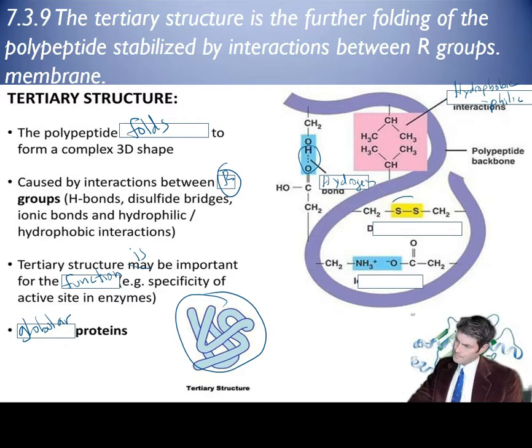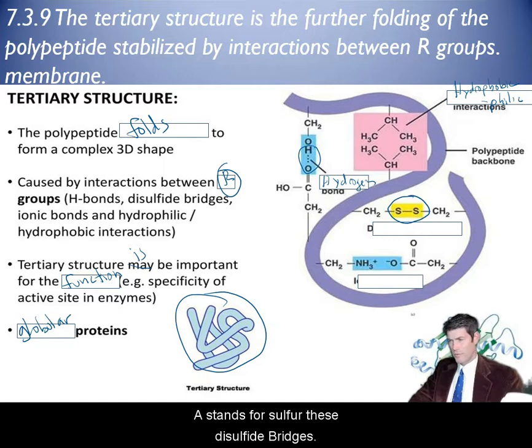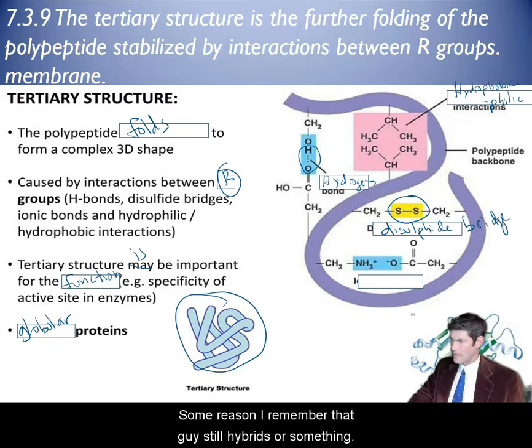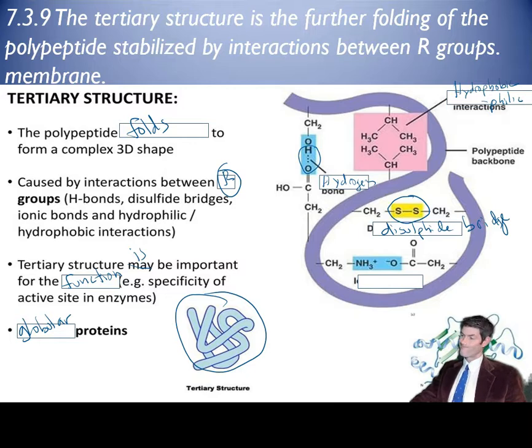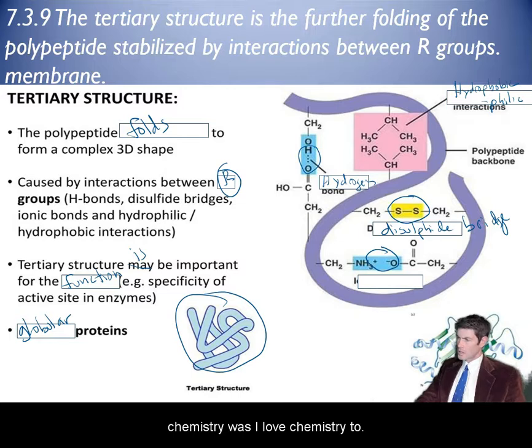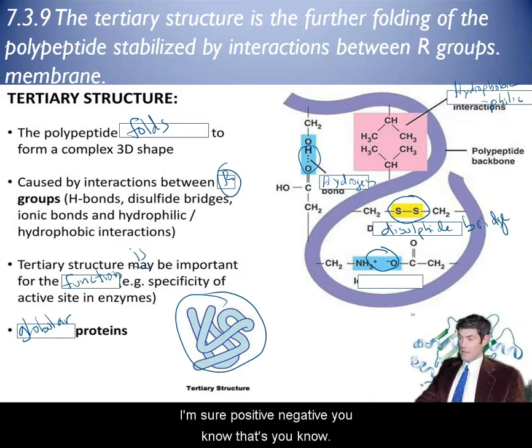Then you'll see the S stands for sulfur, these disulfide bridges. For some reason I remember that disulfide bridge. And then you have ionic. You guys that like chemistry, which I love chemistry too, you see the positive and negative.